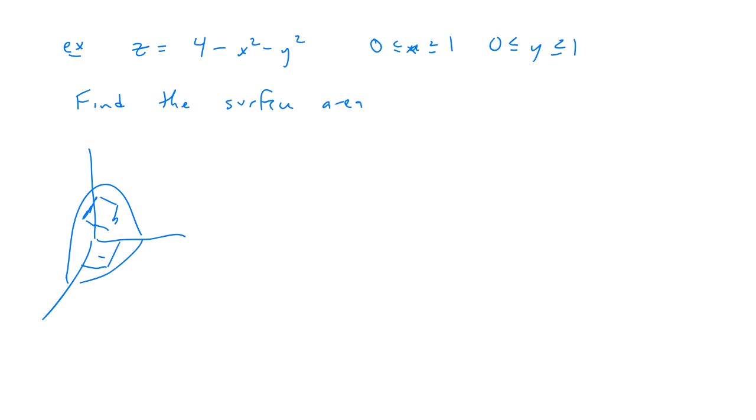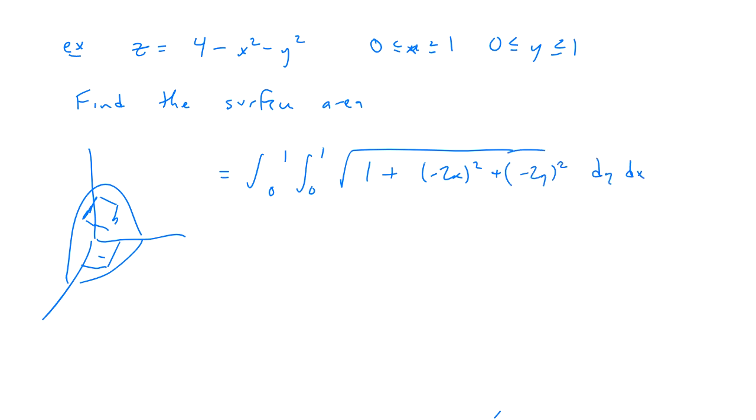So according to the last formula, we just need the derivative. So the derivative of f, or in this case z, with respect to x is negative 2x. Derivative of the function with respect to y is negative 2y.